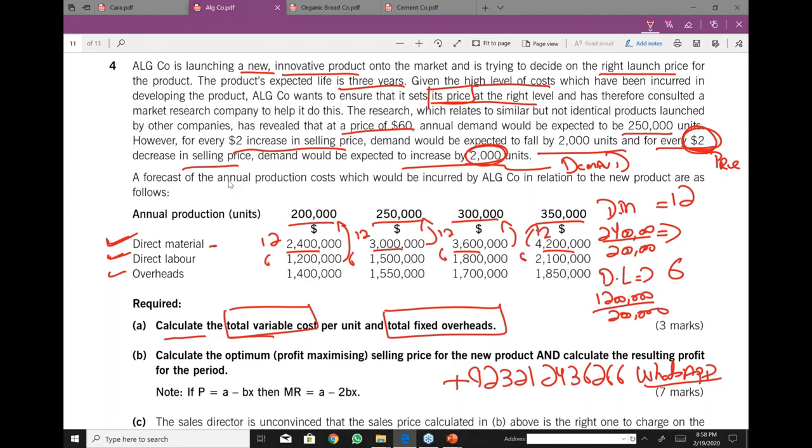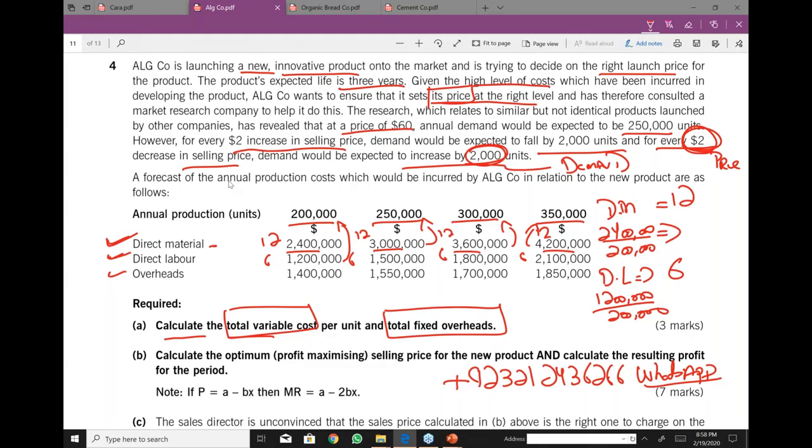Remember, it's a key thing, and a very good way to find out whether a cost is semi variable or not, because students often ask me, sir, how do we find a semi variable cost? The best shortcut is to calculate the cost per unit at different activity levels, as I've done for material and labor.